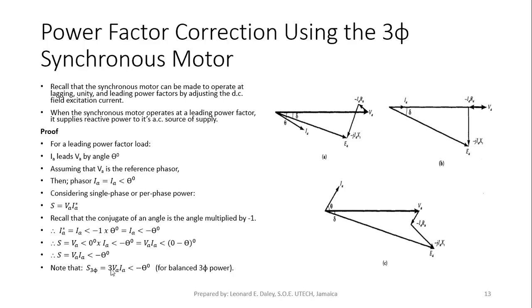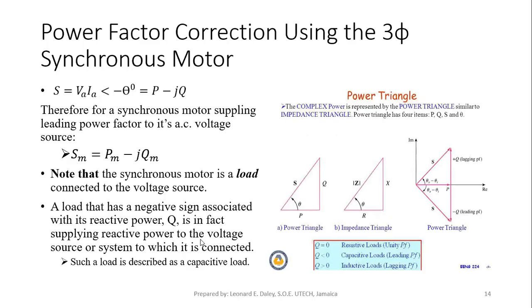All right. And if we take this up to the three-phase level, then the three-phase apparent power would be 3 times the per phase apparent power. So for a balanced system, all the thetas would be the same. So it's 3 VA IA at angle minus theta for a balanced three-phase system. And we usually assume that our three-phase machines, for this course, for DRIVES 1 and DRIVES 2, are considered to be balanced.